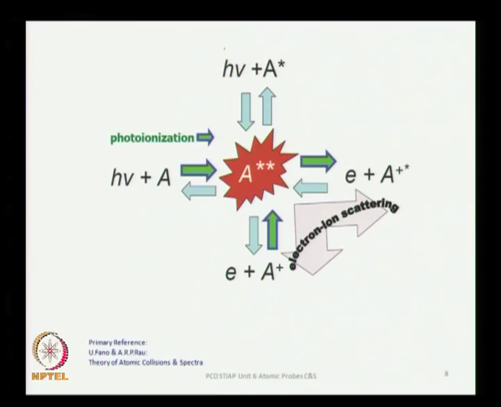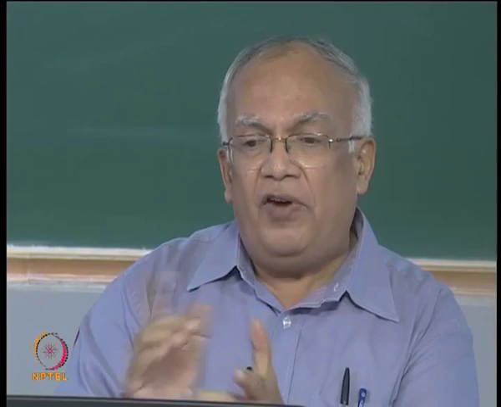But can you not do an electron ion scattering experiment like this? You can begin with an initial state in which you have an ion. So the ion is your target and you fire electrons at it and this electron gets scattered. What do you have in the final state? You have an electron and you have an ion. So the same final state you can get either through electron ion scattering or through photoionization.